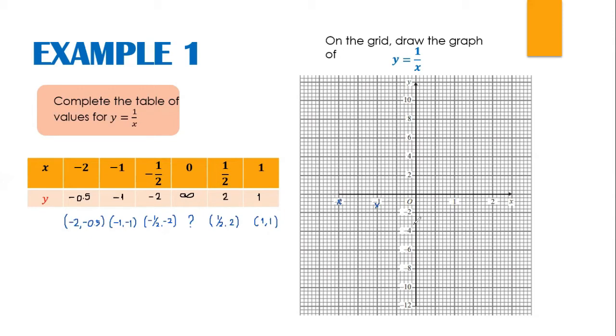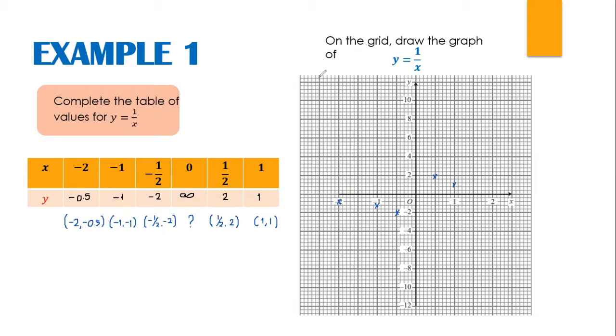Minus a half, minus 2 is here. Then 0 is undefined data, that's the asymptote. And then a half, comma, 2 is here. And 1, comma, 1 is here. Okay, we have already put in the data, right?